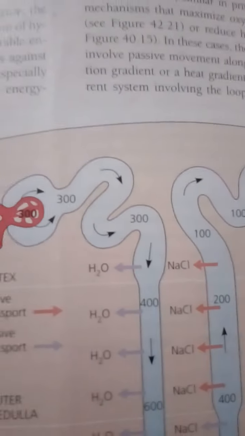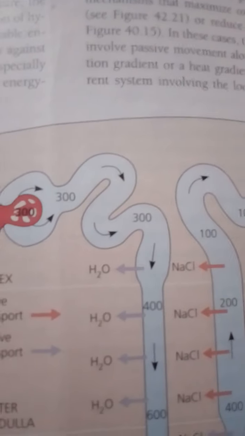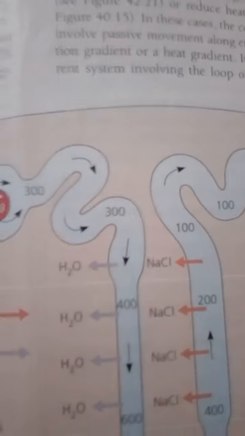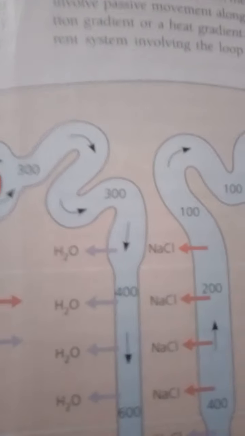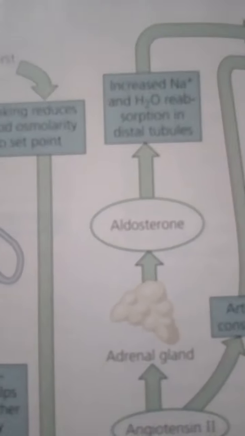In these cases, the countercurrent mechanisms involve passive movement along either an oxygen concentration gradient or heat gradients. In contrast, the countercurrent system involving the loop of Henle expends energy to actively transport NaCl from the filtrate in the upper parts of the ascending limb of the loop.